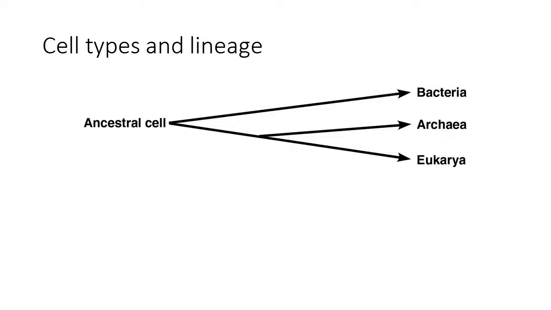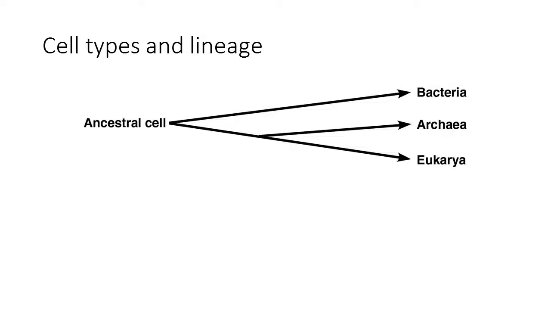Now within that, we have bacteria and archaea are 2 groups of prokaryotic cells. So bacteria being single-celled organisms, archaea also single-celled organisms. Neither one of these have a membrane-bound nucleus.